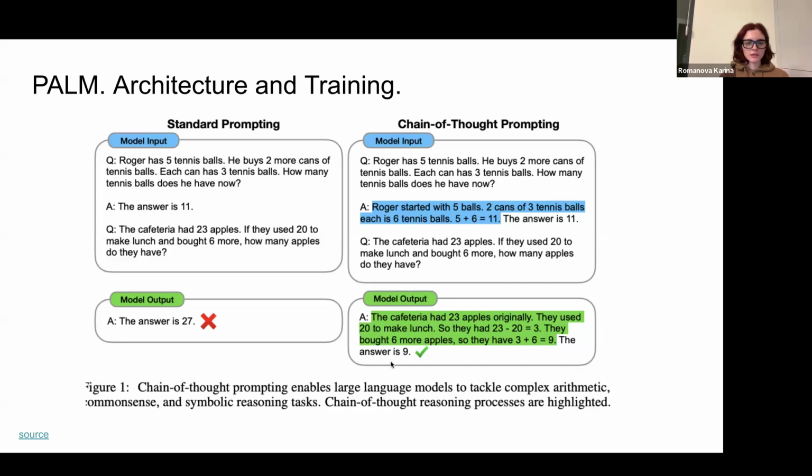But in chain of thought, we can prompt the model not only by showing use cases of similar tasks in the previous context. We can tell it to think about how it can solve this task.